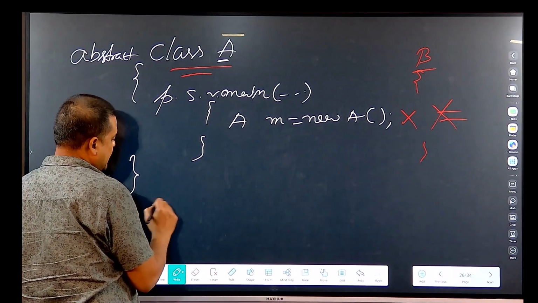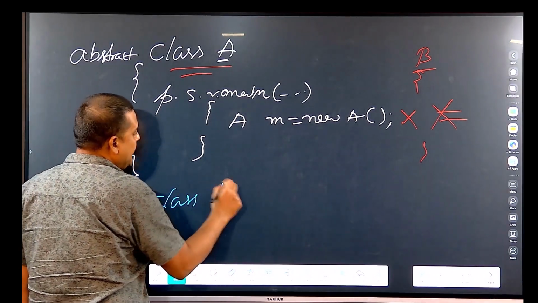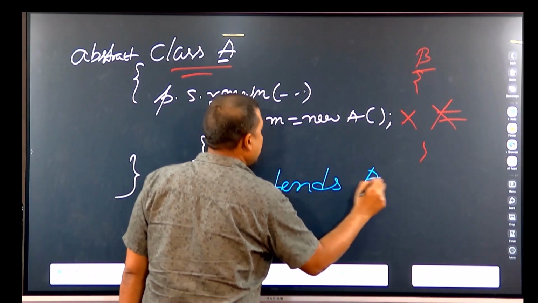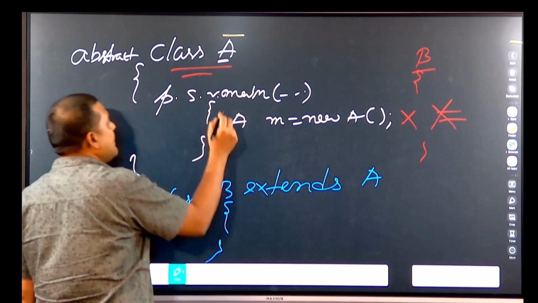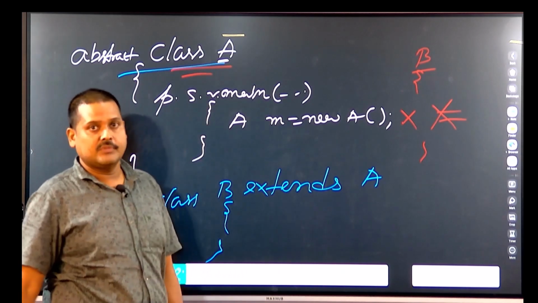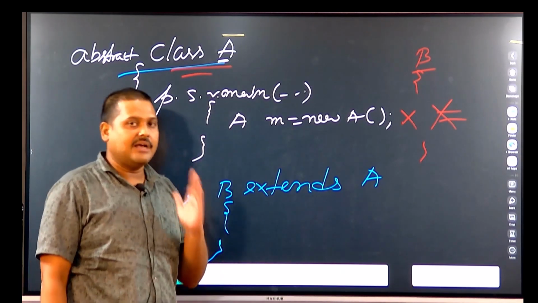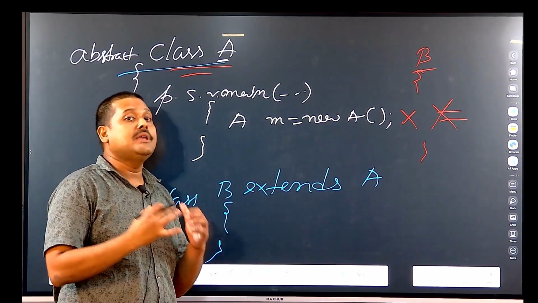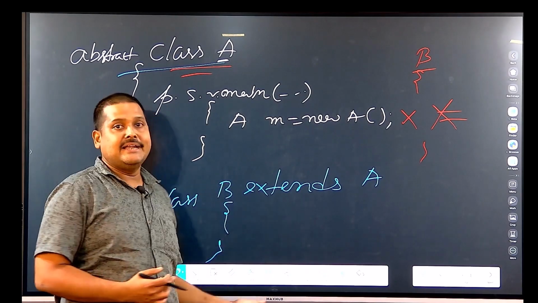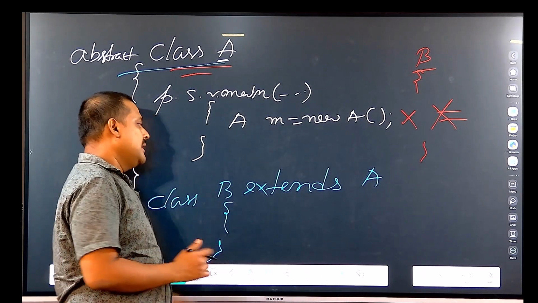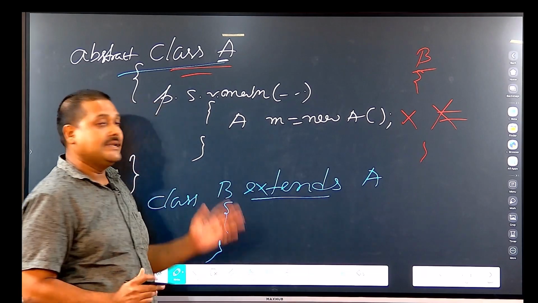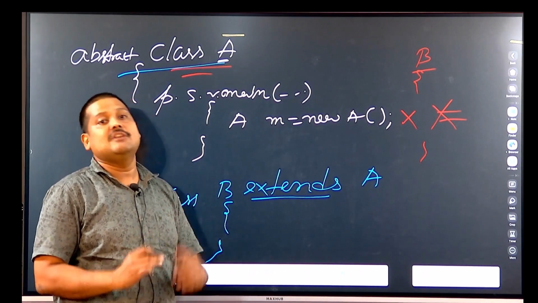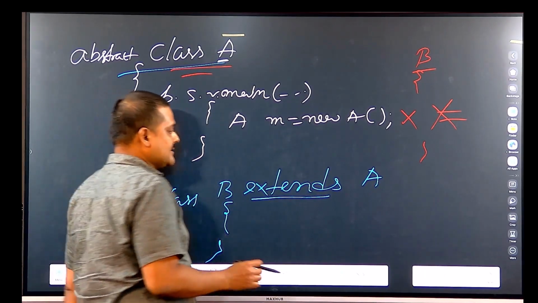So I must write class B extends A, and by this way we can access this class. So if a class is declared as abstract, it cannot be instantiated; we can only extend or inherit it. In our inheritance lecture, go through what inheritance is, and there you will find this keyword. With the extends keyword, we inherit the properties of another class.